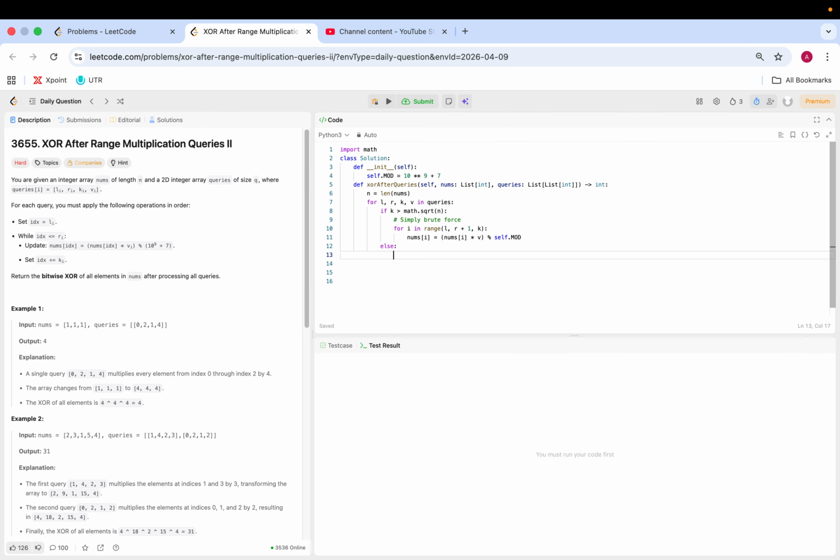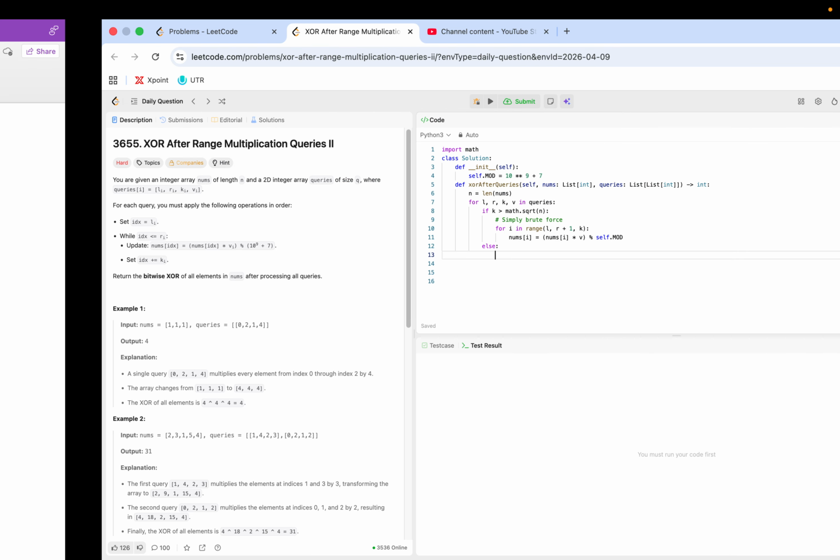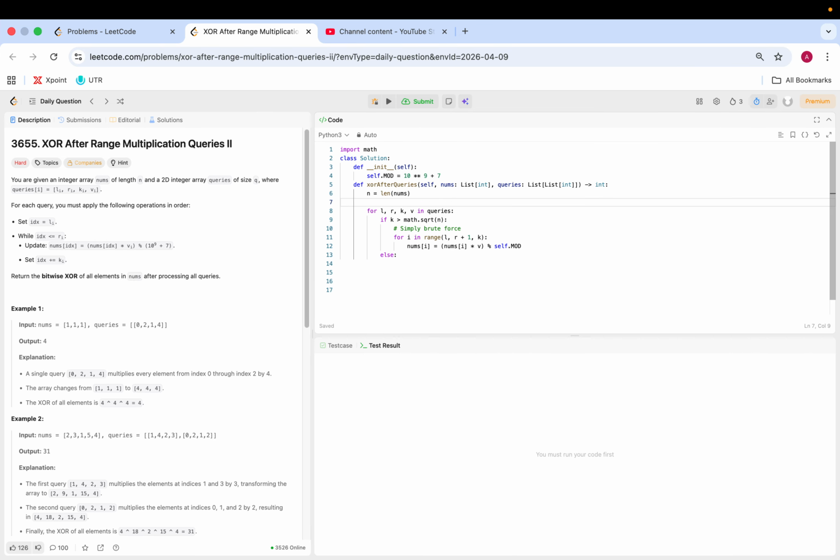Else, if it's small, then I need to have my hash table.